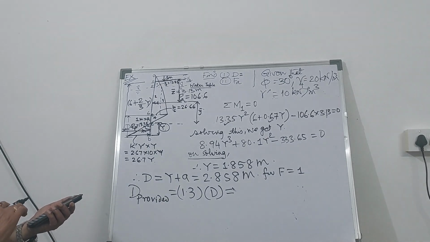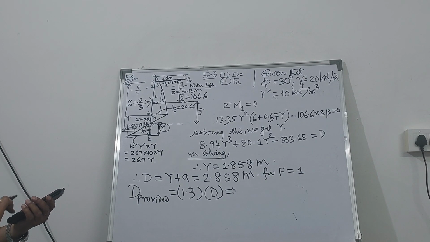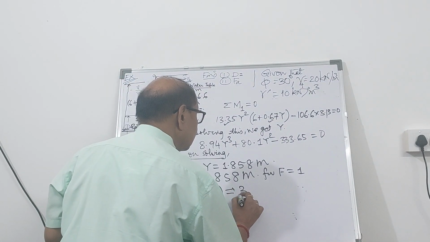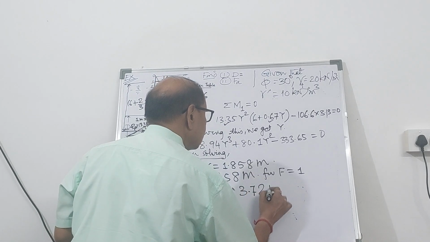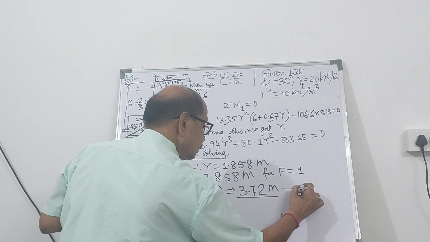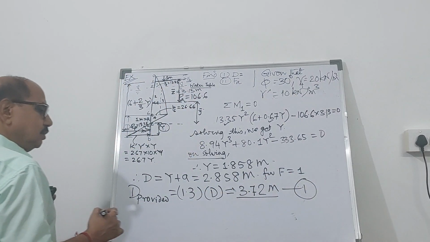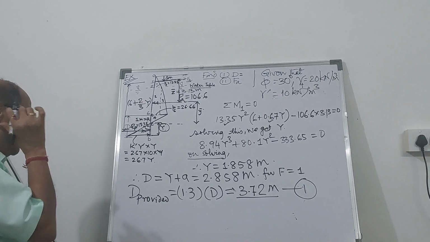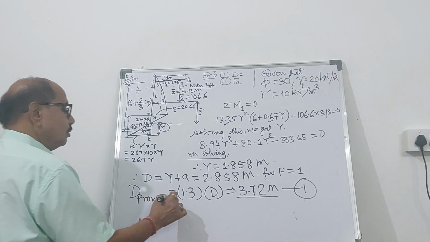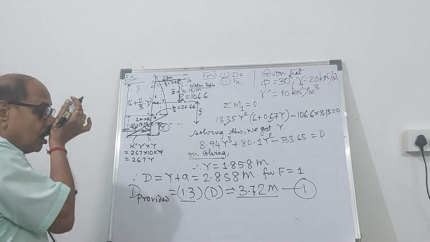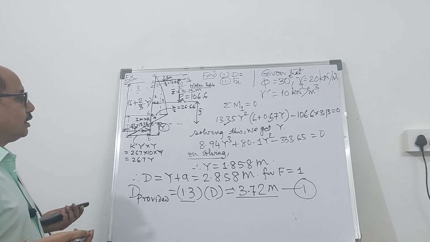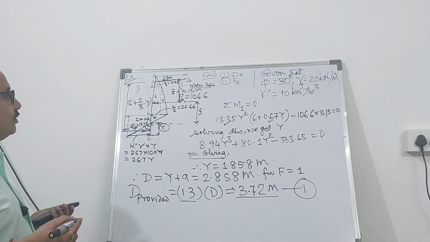So D provided is 3.72 meter. Friends, this is one part of the answers. For factor of safety equal to 1.5 to 2, you should increase the value of D by 30% to 40%. So you have got the value of D.